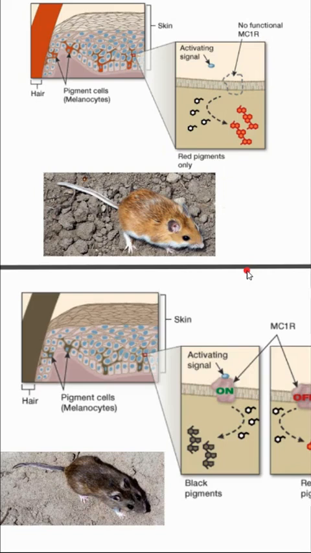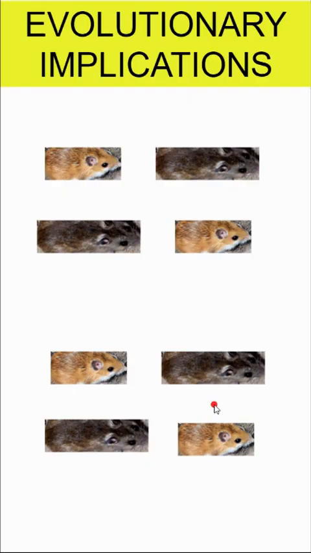However, we can also get very dark colored mice by having this protein being turned on a lot. So this has evolutionary implications because we can have variety in the phenotype based off of the genotype that's been inherited through mutations.